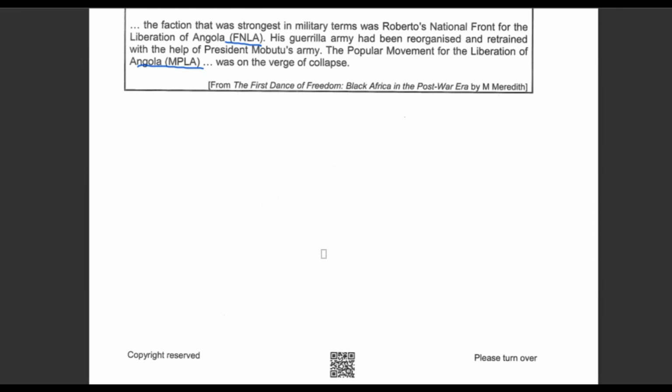So back to the question. It says, using the information and the relevant sources and your own knowledge, write a paragraph of 8 lines explaining the factors that led to the three nationalistic movements, MPLA, FNLA, and UNITA becoming involved in the Angolan conflict. So we can start by indicating the question which we are answering, which is question 2.6. That's the paragraph name.